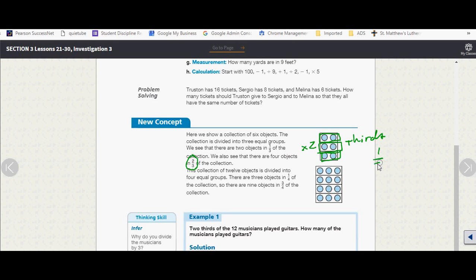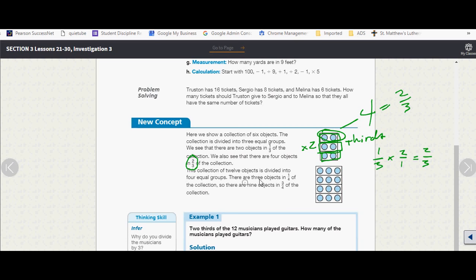Well, a third times 2 is 2/3, which means we just need what is a group worth times 2. And there's 2 in each times 2. That means 2/3 is 4.